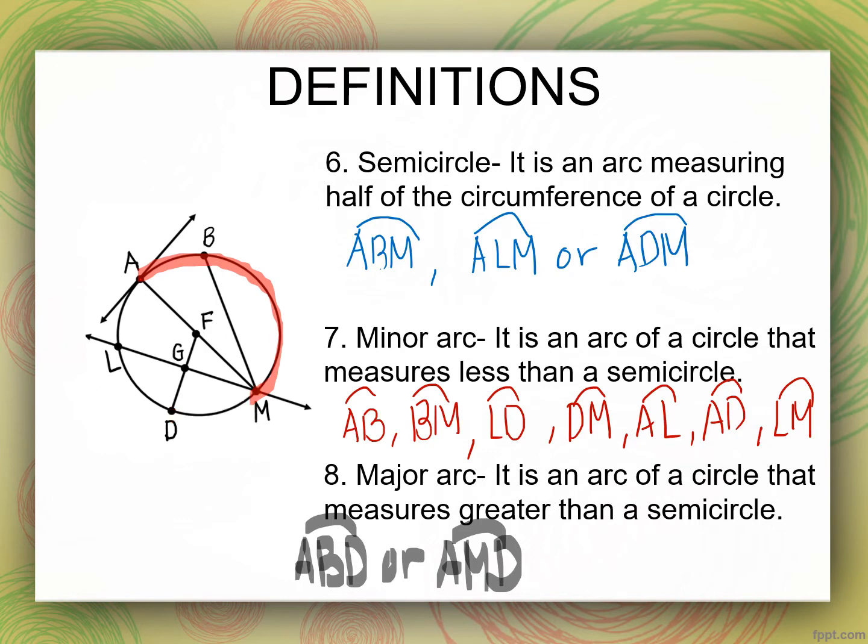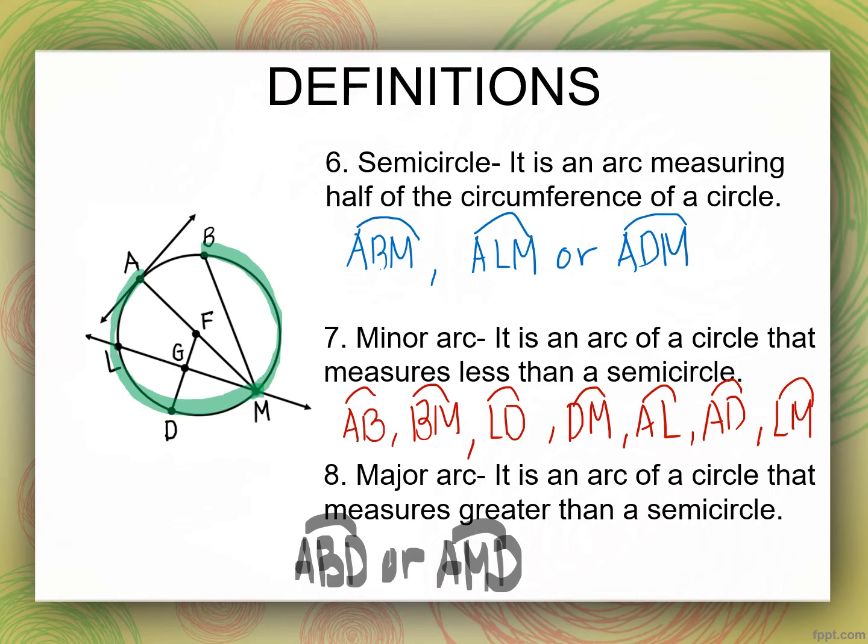So let's erase this one again. This time, we will be using this side. If we have arc ALM, we will just add one minor arc, this one, and we now have another major arc.